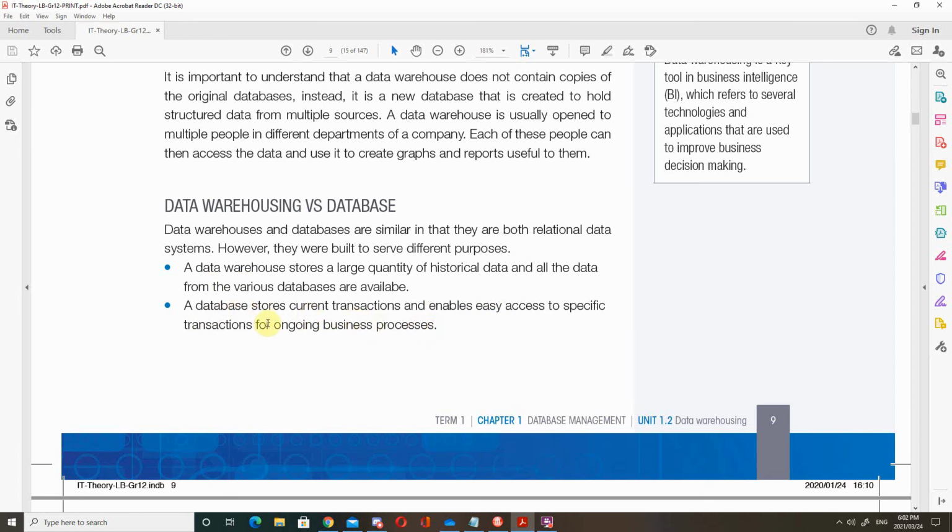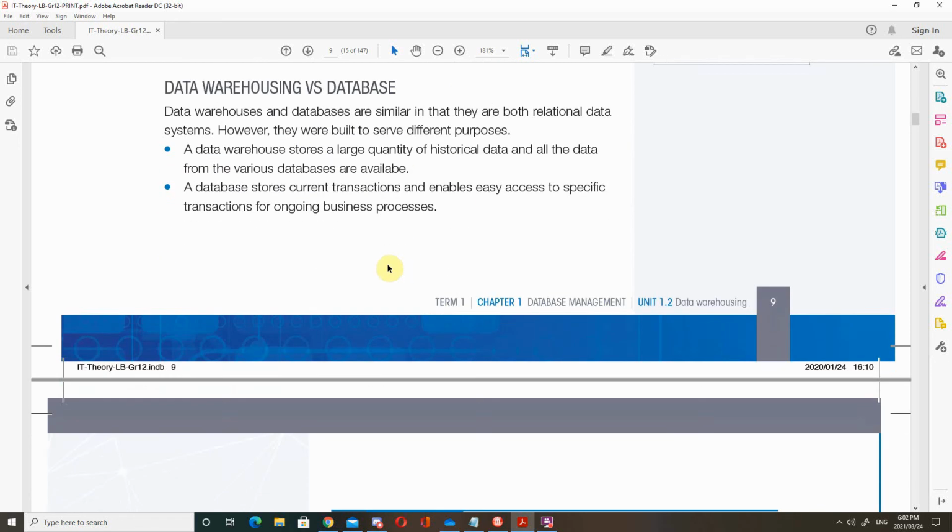So a database is a current thing. It's something we use now with current information, with more exact answers, while the data warehouse is historical data. So that's where, like I said, you can use that to analyze, to get specific patterns, to see what happened in the past, and to see how that could assist us in future decisions.